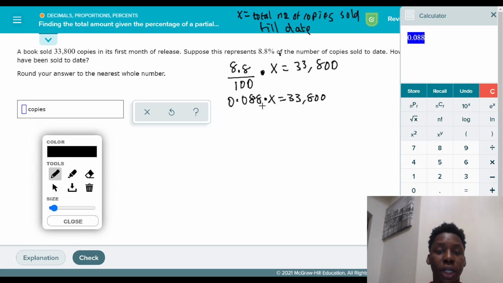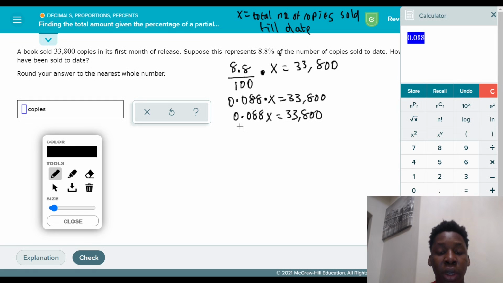We have to take anything that's accompanying x and put it on the other side. We can't just subtract 0.088 here, because we're multiplying. This is the same as saying 0.088x equals 33,800. We have to remove 0.088 from this side, so we divide both sides by 0.088, because 0.088 is accompanying x by multiplying, which is this dot over here.